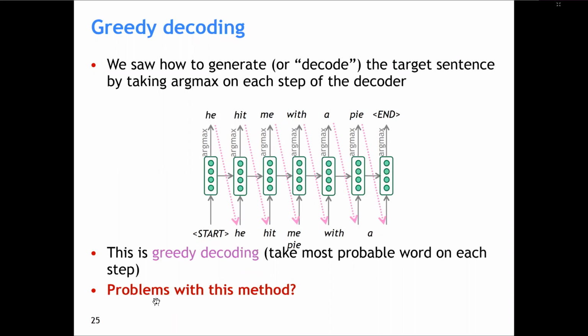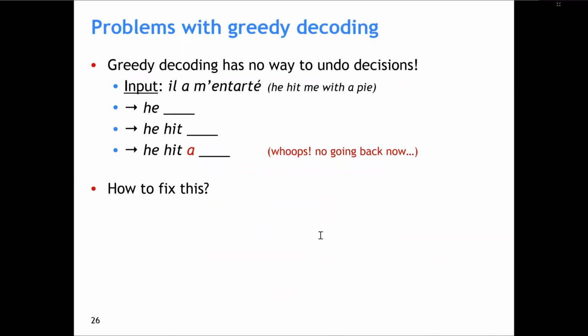But I think you all realize the problems, right? Maybe it's not the highest probability word; maybe the second highest makes more sense in this sentence. If we just go with the greedy approach, there's no way for us to go back and choose the second highest one. So greedy decoding has no way to undo decisions.